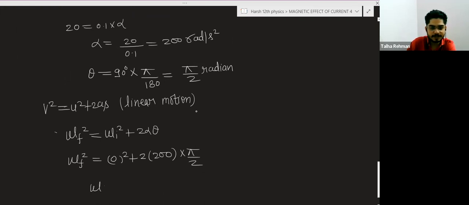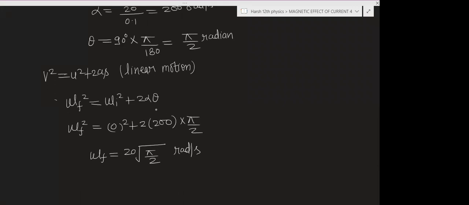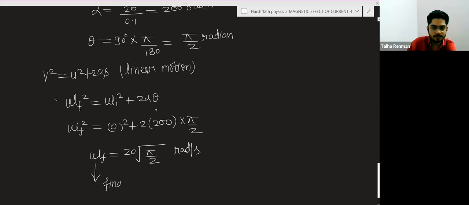From here you will get the final angular velocity. The unit of angular velocity is radian per second. So this is your final answer, the final angular speed.